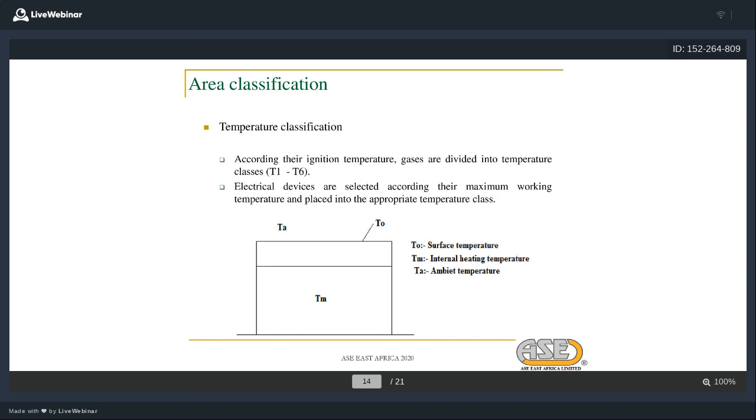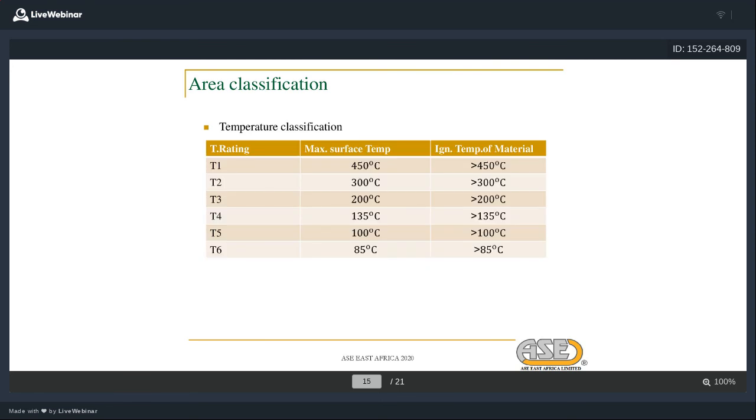Here we are talking about International Electrotechnical Commission standards, but the National Electrical Code standard extends these temperature classes. We have T1, T2, T3, T4, T5, up to T6. And here we have the ignition temperature of the material, and the maximum surface temperature of the device. So if, for example, T5, let's say T5, the maximum surface temperature of the device is 100 degrees Celsius.